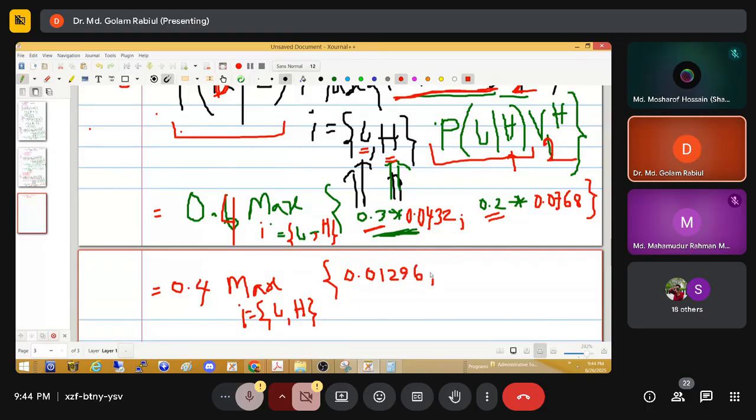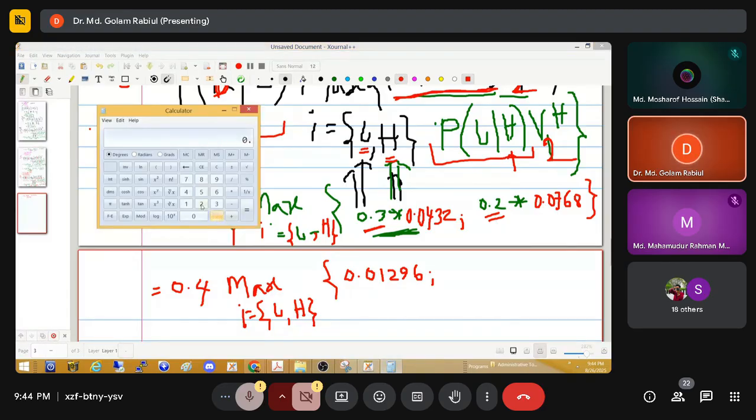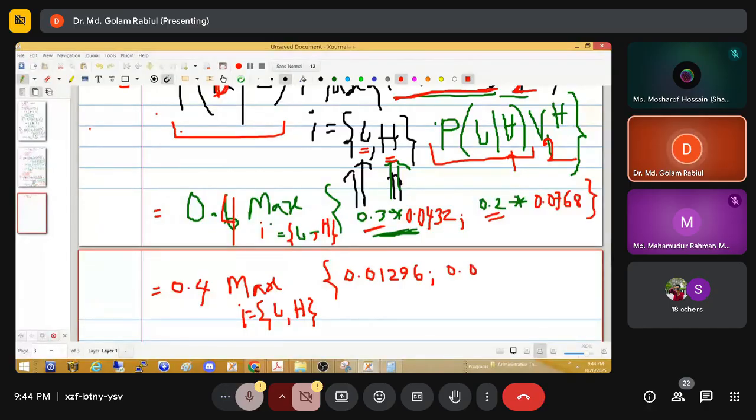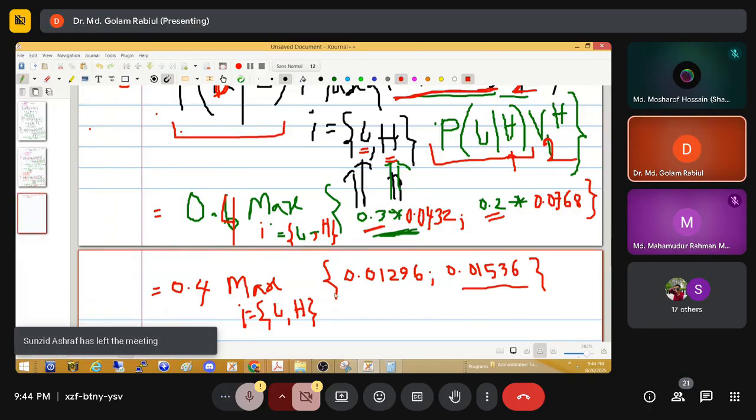And this one, 0.2 times 0.0768 is 0.01536. Between these two, we can see this one is greater, 0.01536.